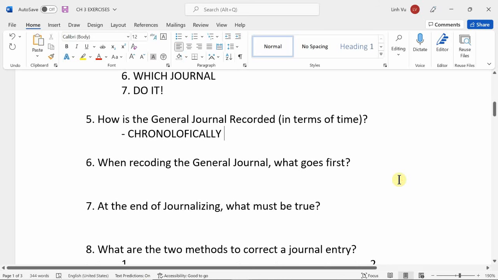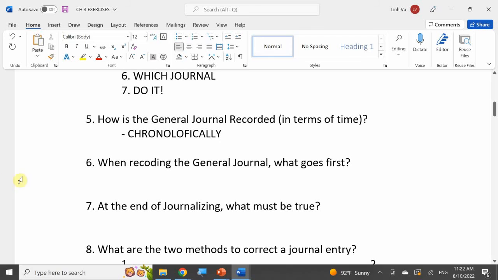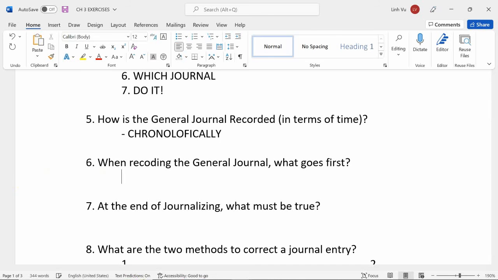Number 6, when recording the general journal, what goes first? The date. After the date, because we already established that it has to be in chronological order, what happens next? The transaction. In what order should the transaction go?